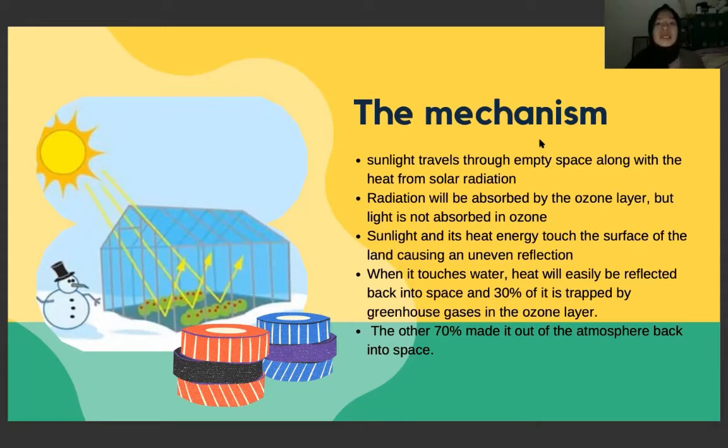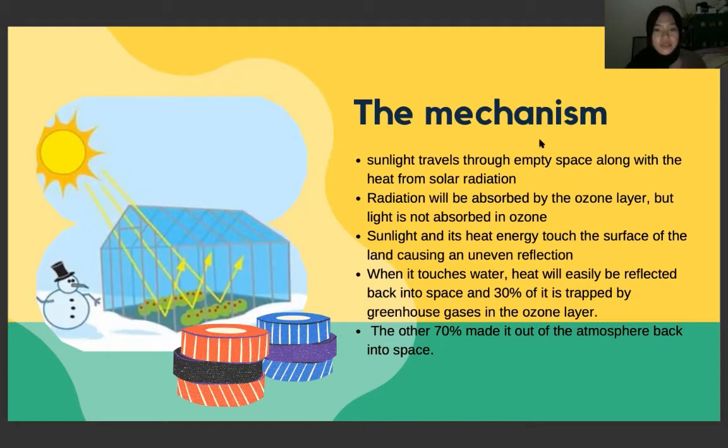The remaining 70% is absorbed by land, sea, and clouds. At night, the land and water bodies are relatively warmer than the air above them. The absorbed energy is radiated back to the atmosphere as infrared radiation, long waves, or heat energy radiation.